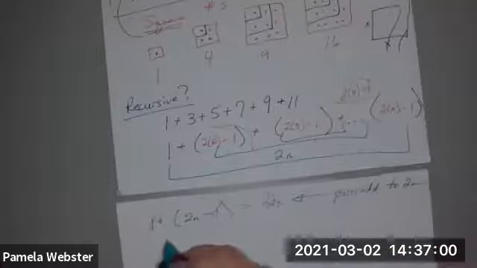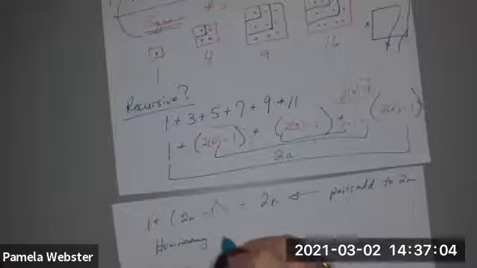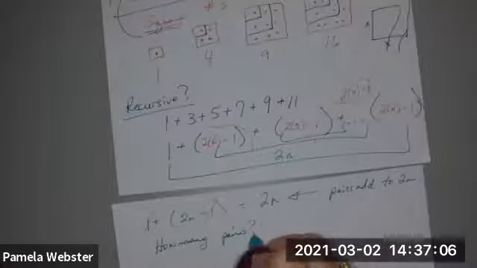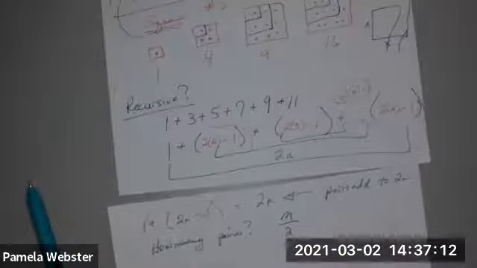Okay, so the question then is how many pairs? And that's always the number of terms you have divided by 2 because we're pairing. Pair means 2s, right?